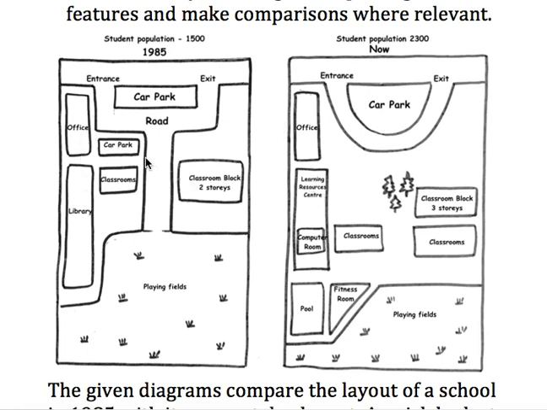Learning resource center. Then this car park and classrooms are here, which are not there in this. Classrooms are there further south here. Then this is a two-story classroom block. This is a three-story classroom block. Some more classrooms here, and a playing field has been made smaller in this.